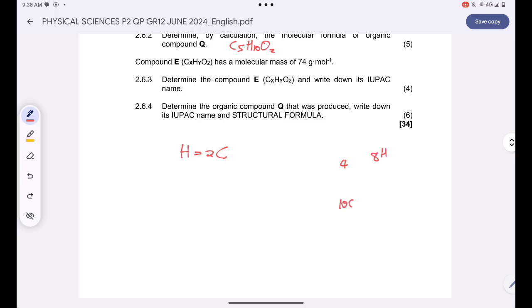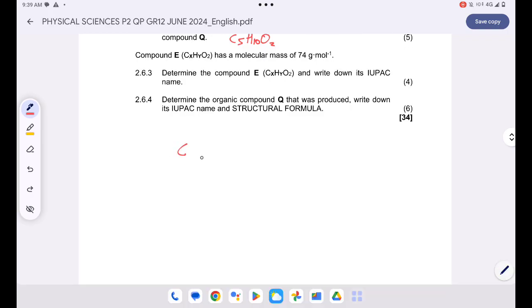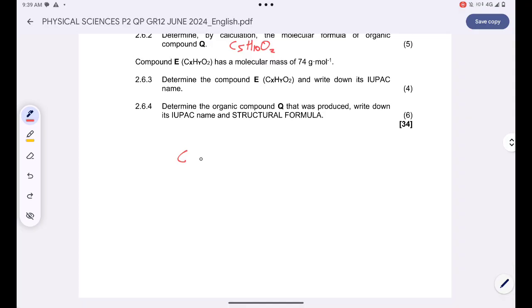If I have 10 carbons, that means I will have 20 hydrogens. Since I'm given this molecular mass, the carbons plus hydrogen as well as oxygen should just give us 74 grams per mole.